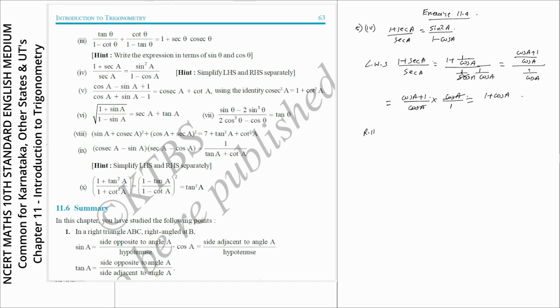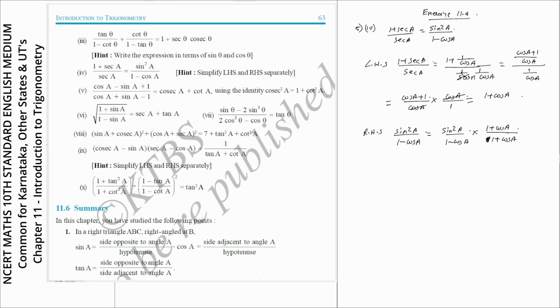Now right hand side, what is the right hand side? Right hand side is sin square a by 1 minus cos a. So what I will do is, I will multiply both numerator and denominator by 1 plus cos a. So when I multiply like this, effectively there is no change.